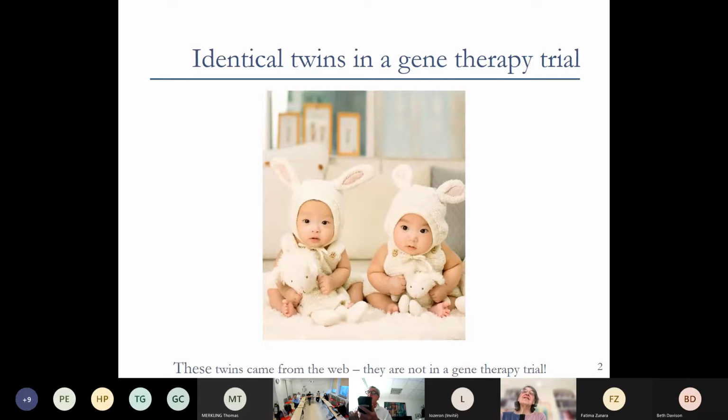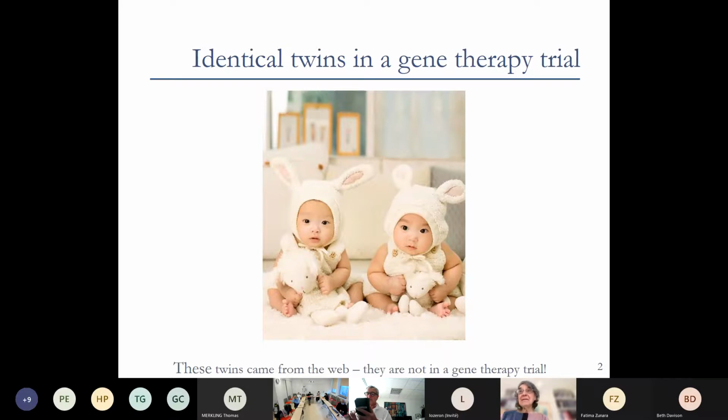And then there was a discussion that said, no, that's not really right, because what if one gets the gene therapy and the other doesn't? And that would be horrible if the gene therapy works. It would be horrible if the gene therapy doesn't work. But the difference, having two identical twins getting very different treatments in a disease that was devastating, didn't seem fair.